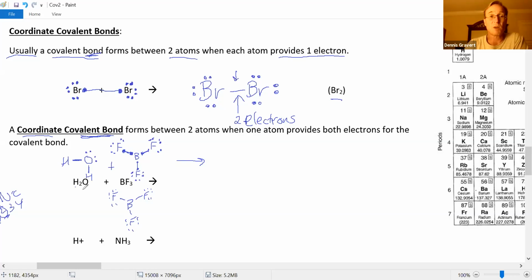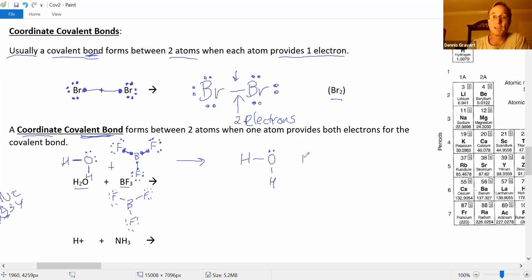What is weird is that water will react with boron, mainly because boron is okay with 6 dots, 1, 2, 3, 4, 5, 6, but it can have 8 electrons too. So we can actually make a bond between oxygen and boron. So let's rewrite the water molecule. And I'm about ready to put in the lone pair, but I'm not going to.